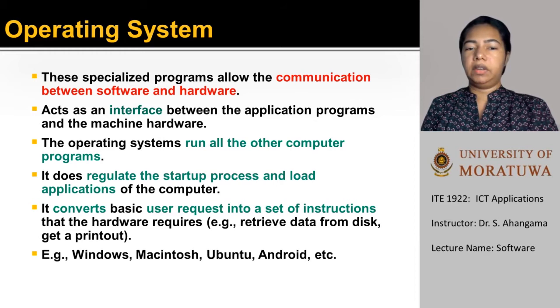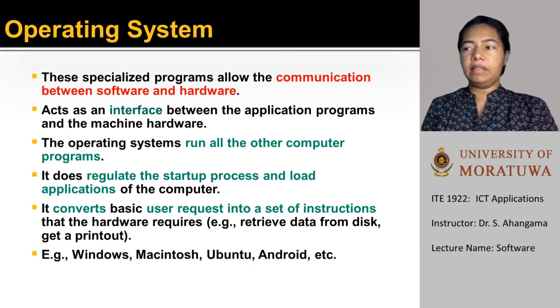Furthermore, it regulates the startup process. Here, the kernel is one of the first programs loaded on startup after the bootloader. It handles the rest of the startup process. Then it loads applications of the computer. Application programs load and run applications such as word processors and spreadsheets into the computer's memory.